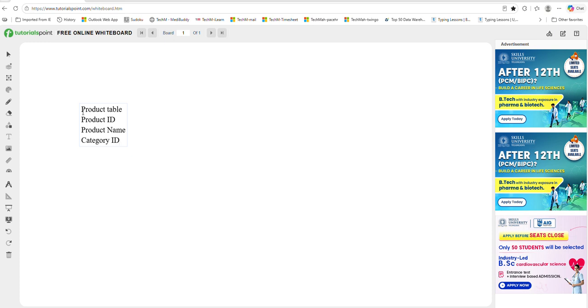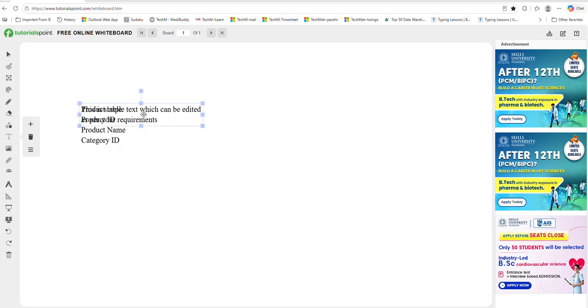So then category details are stored in another table. So this is the product table, okay? Product ID, product name, category ID. Only three columns are there. I wrote. Okay. Now in category table, we can write it here.